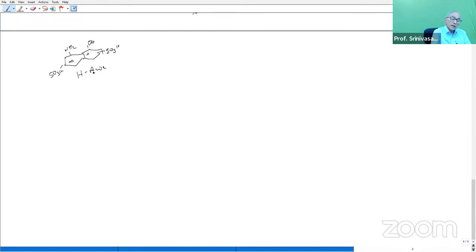If you do this in alkaline pH, the coupling will take place ortho to the hydroxyl group. If you do it in acid condition, you will get the azo group on this position next to the amino group. So you can have two different azo compounds, coupled at different points.